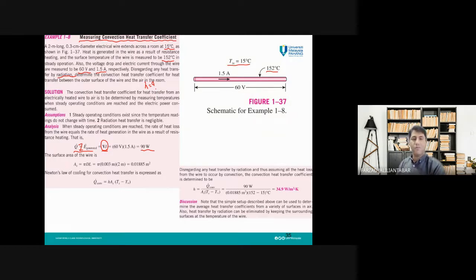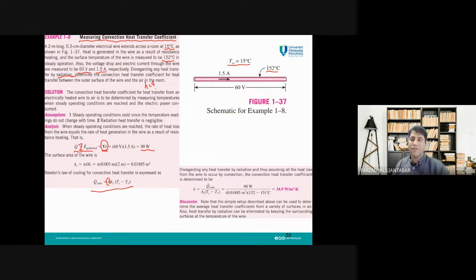How about calculating the H in this example? Because we have convection, heat is transferred to the air in the surrounding of this wire by convection. So we need to use this equation, and we need to calculate H. H is equal to Q dot convection divided by AS times Ts minus T infinity.